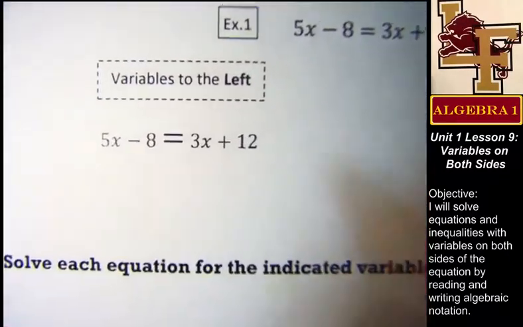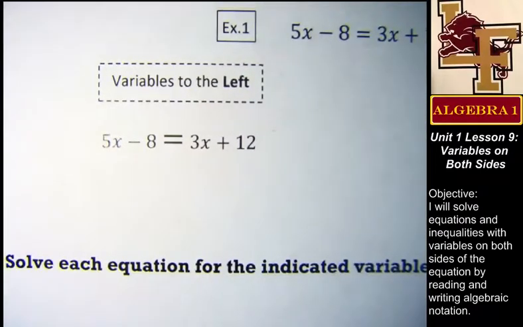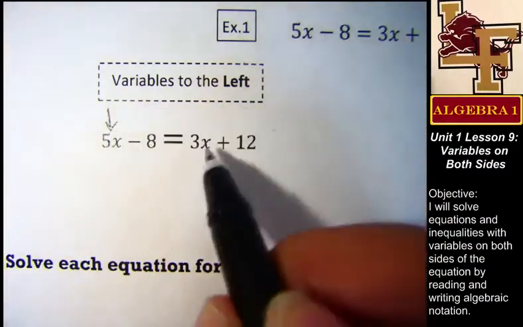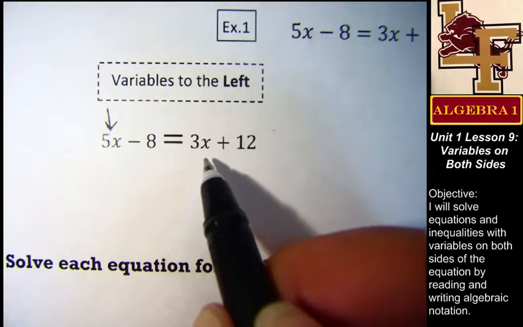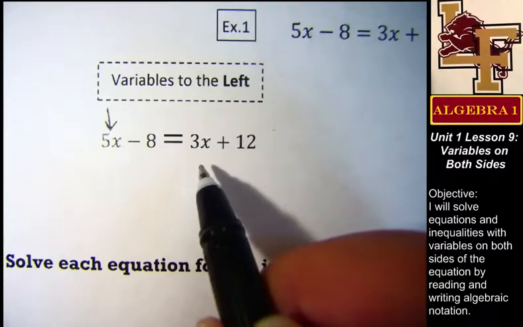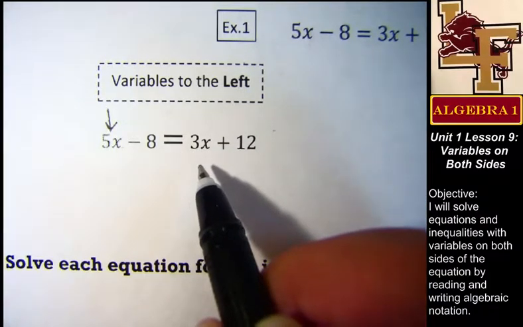I'm going to show you what it's going to look like either way. Okay, so let's look at what happens when we decide we want all the variables on the left side. I'm going to collect the variables to the left. So what I'm going to do is I need to remove this term from this side. This term is positive or negative? Positive.